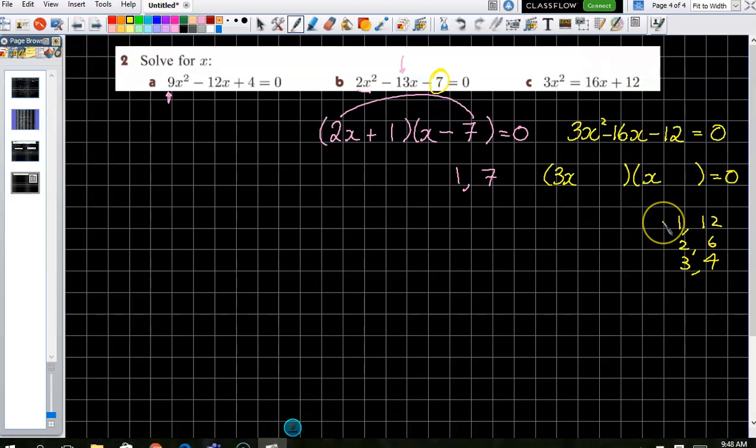Should we consider the 1 and 12? Like, if we have a 1 here and a 12 there, 36 and 1, there's no way I'm going to get 16. What if I had 12 and 1? What's that? 12 and 3. Can I get 16 from that? Do you see how you're doing this really quickly? So you're not even considering that. Agreed?